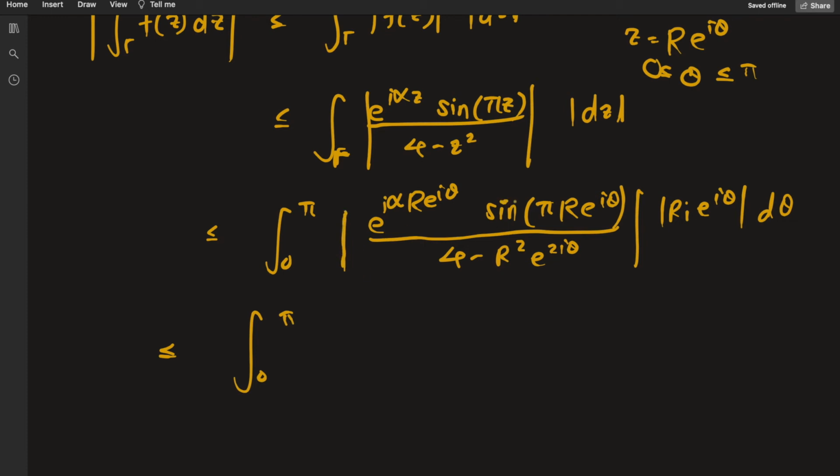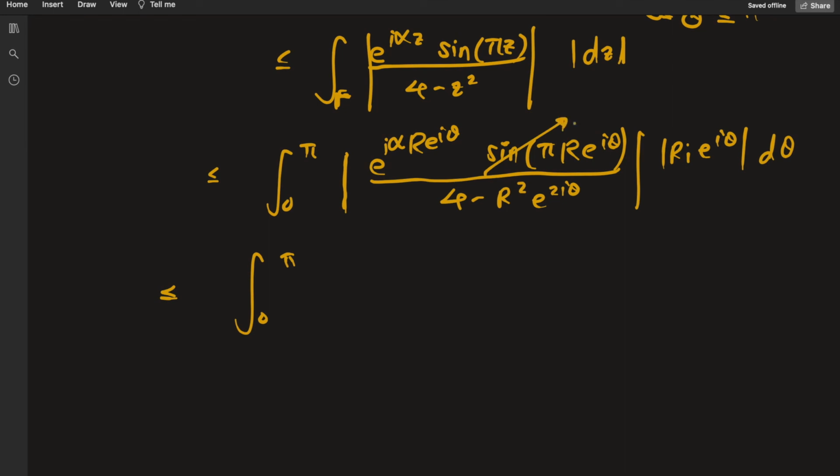Sine is trapped between negative 1 and positive 1, so the mod of a sine will be at most 1. This will just become I, and e to the I theta will go to 1 again in the mod. I can write this as e to the I alpha r cosine theta plus I sine theta. We have an r.